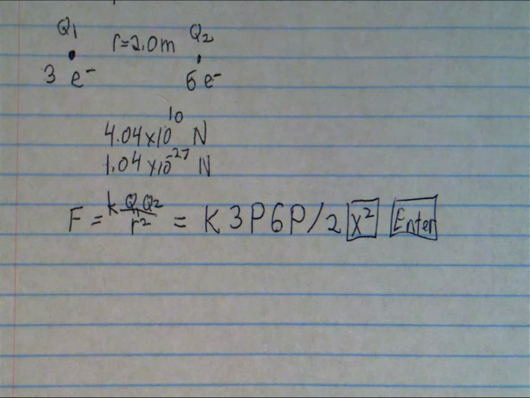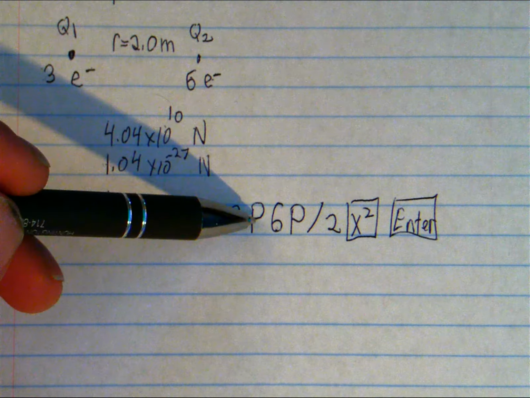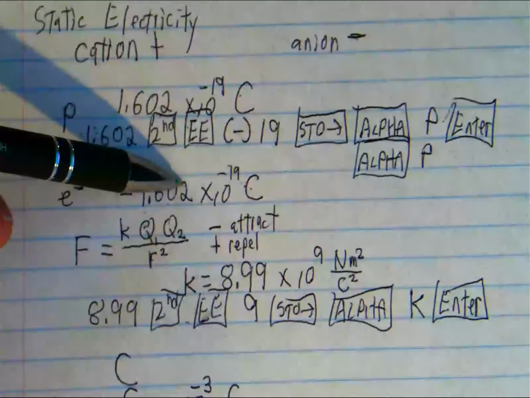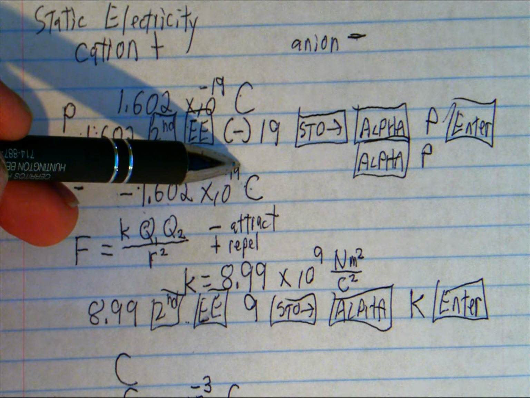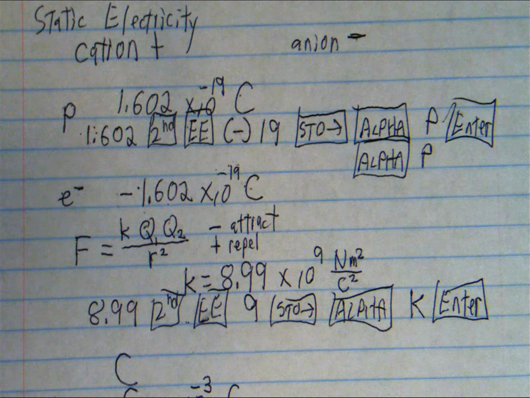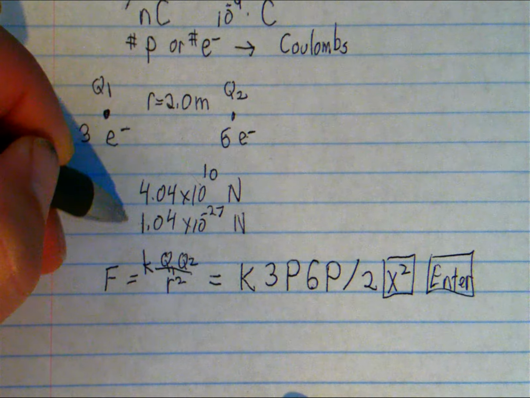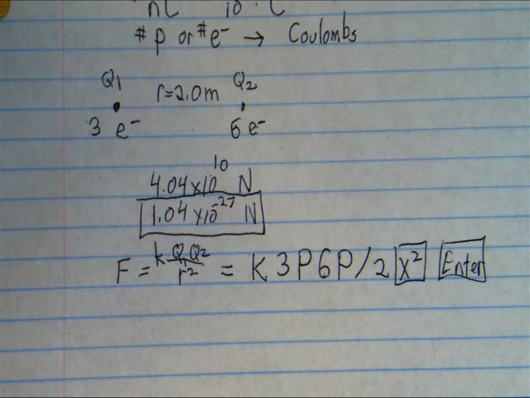Meaning, if you have to always type in 1.602 times 10 to the negative 19th instead of just alpha P, wow, here it's 2 keystrokes, here it's 1, 2, 3, 4, 5, 6, 7, 8, 9, 10 keystrokes to represent the same number. 10 versus 2. All right, so I agree. I got an answer of 1.04 times 10 to the negative 27th power newtons, a very teeny tiny one.